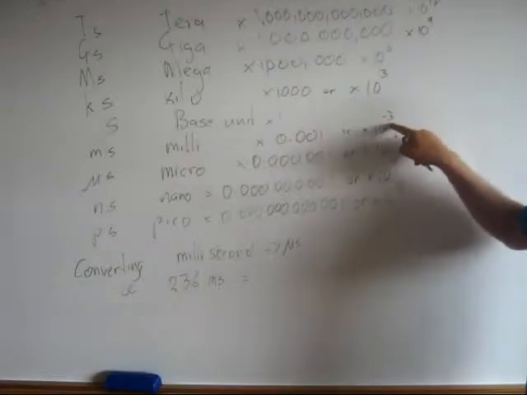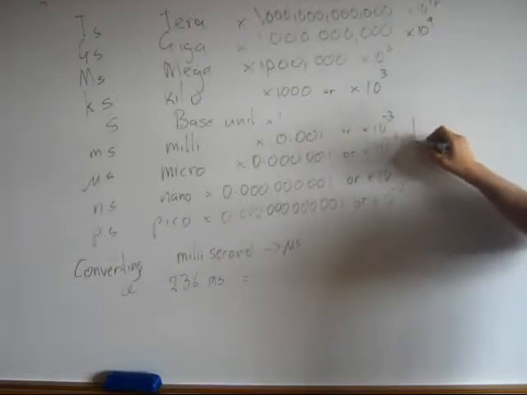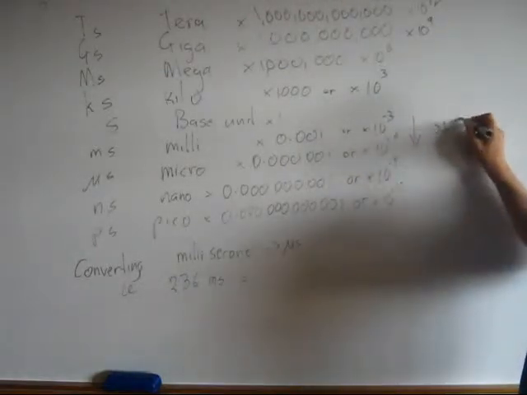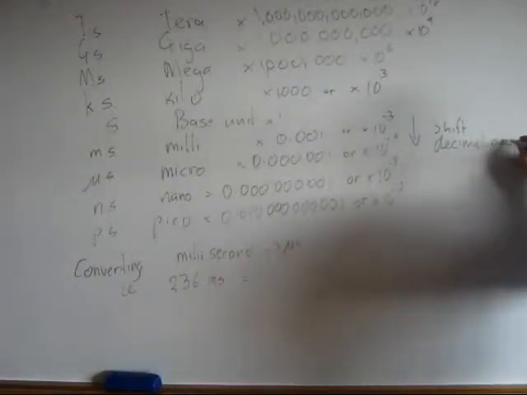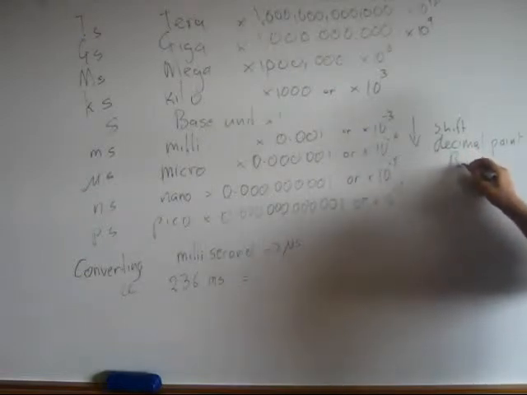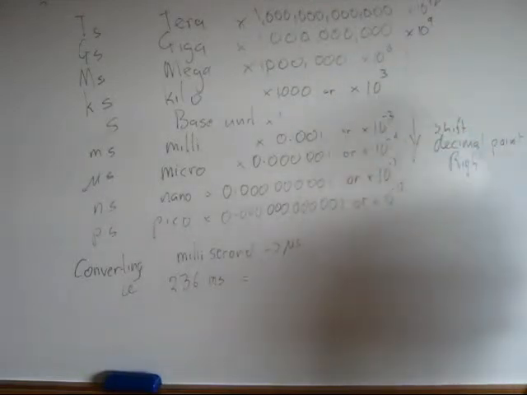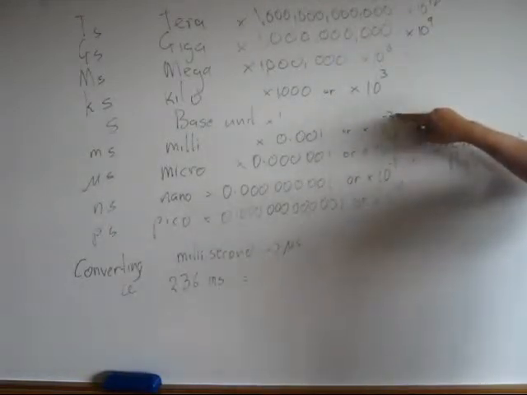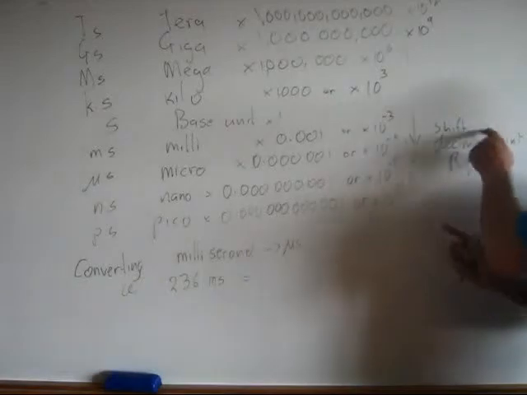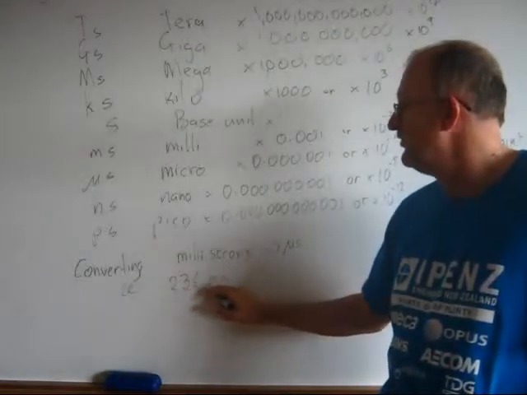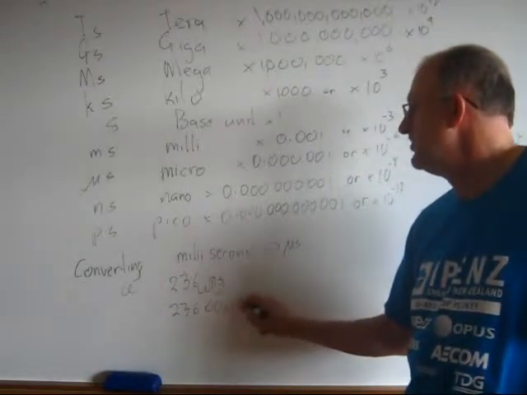I've got milliseconds, times 10 to the negative 3, to times 10 to the negative 6. Because it's negative, because we're going this way, shift decimal point right. Okay, so if we're going down, we're going to shift the decimal point to the right. I'm going from negative 3 to negative 6, so the difference there is 3 decimal places. And this says we're going to shift it to the right, so we're going to go 1, 2, 3, so that's going to equal 236 microseconds.